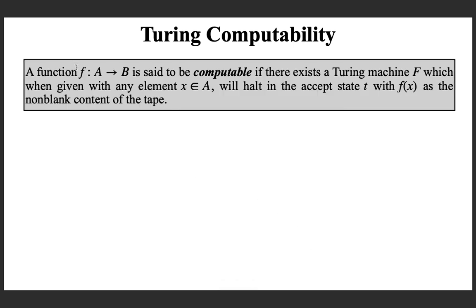A mathematical function from a set A to a set B is said to be computable if there exists a Turing machine F which, when given an arbitrary element x of the domain set, will halt in the accept state T with the value of the function for x, f of x, as the non-blank content of the tape.